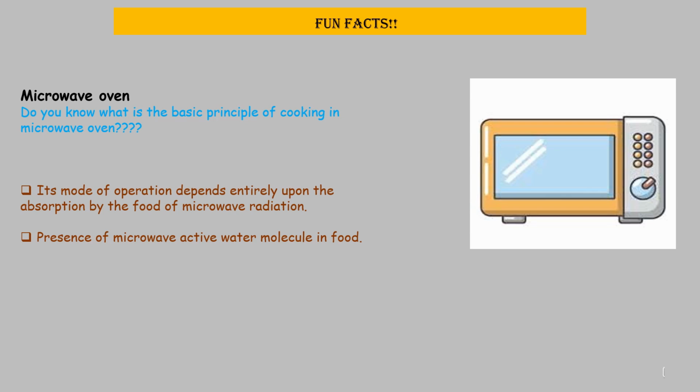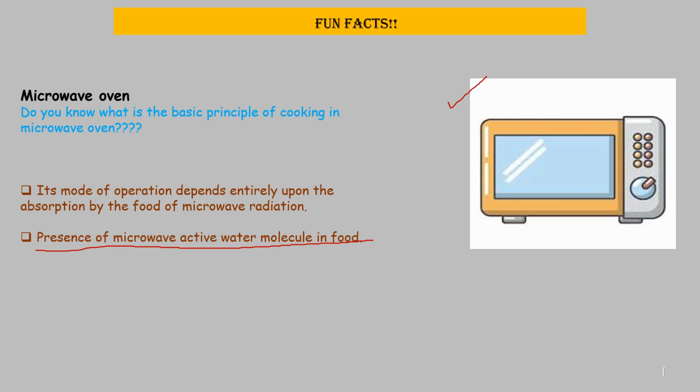Though it is not a part of microwave spectroscopy, as we know microwave radiation is involved in cooking and heating food in a microwave oven, I want to discuss it briefly. Only molecules with a permanent dipole moment can interact with microwave radiation. Water has a permanent dipole moment, so water can interact with it.